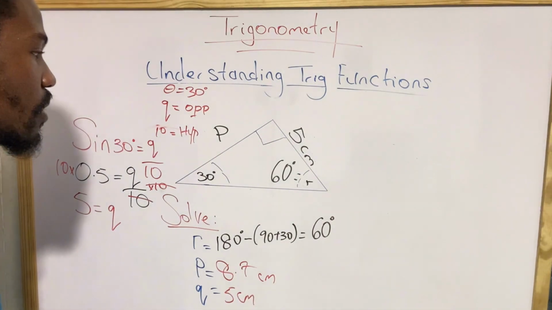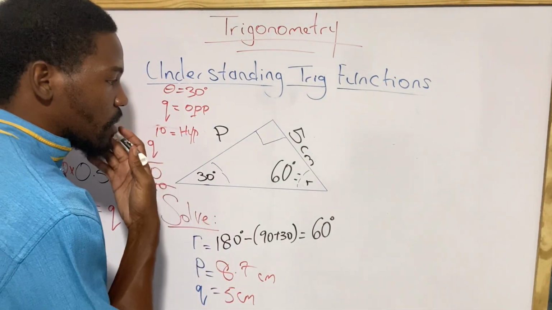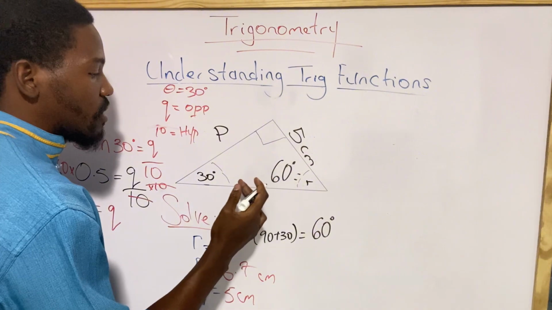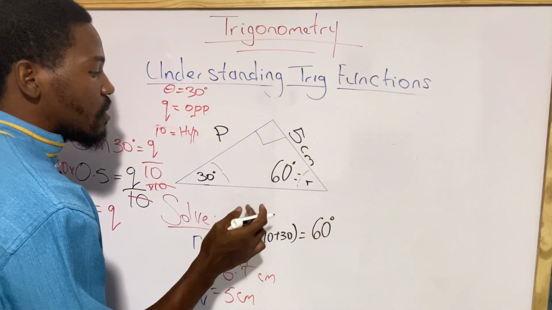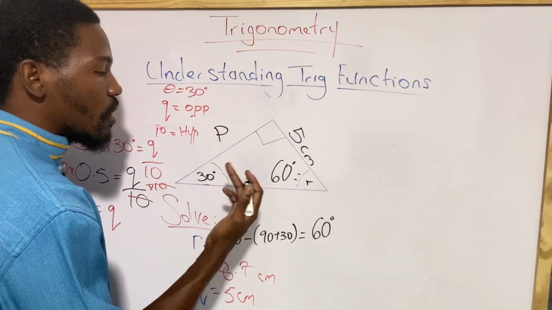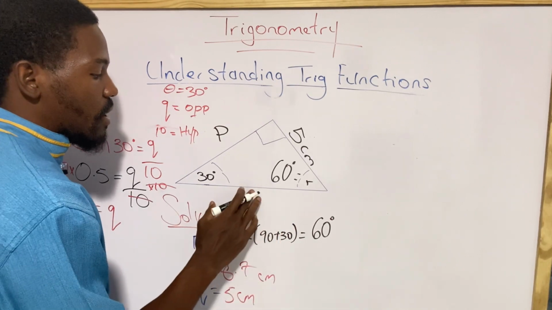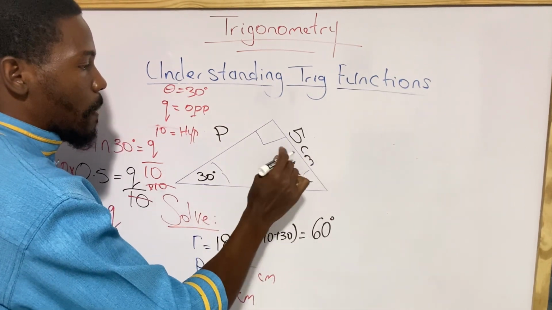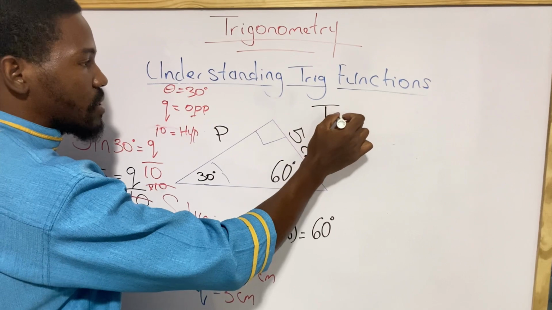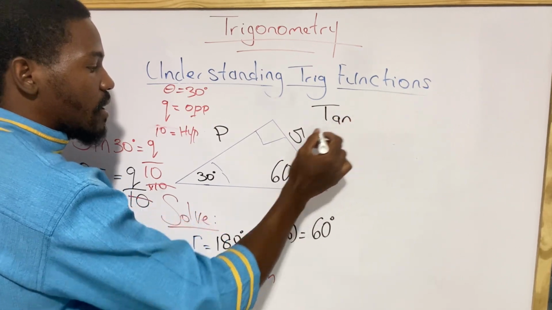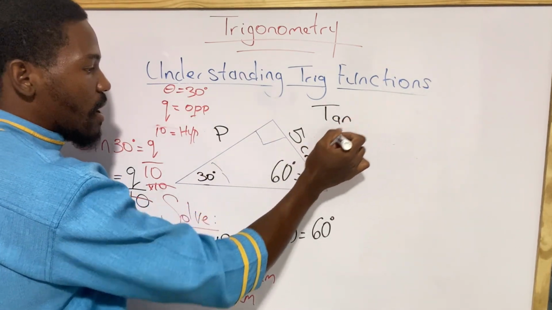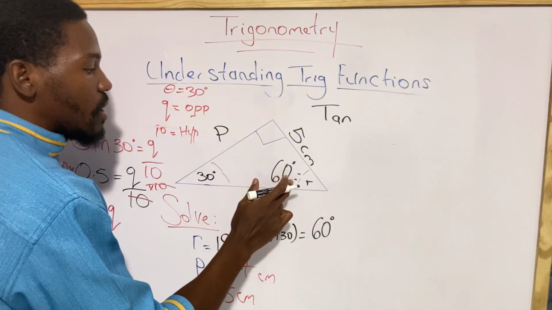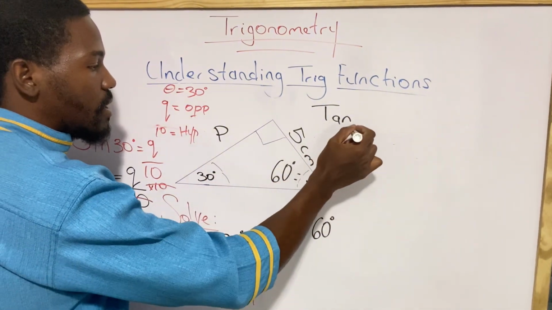We're also going to be looking at how to find angles. But let's just look at this when we're trying to use tan to find P. Now, as I said, this could be there or it could not be. It doesn't matter, right? Which I believe you understand. So we're actually going to use tan, right? Now, if I use tan, we have the choice of 30 and we have the choice of 60, right?